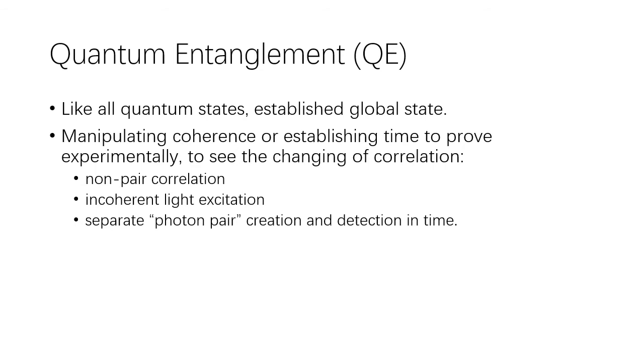And the third experiment is, entanglement interpretation assumes a three-step time sequence. We can ensure the time sequence by fast shuttles to separate photon pair creation and detection to see if the correlation still exists.